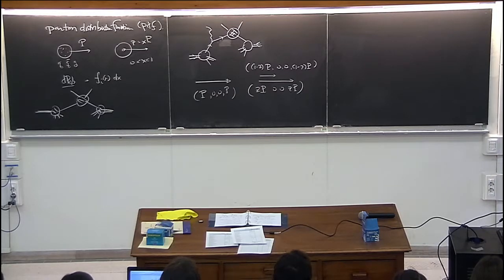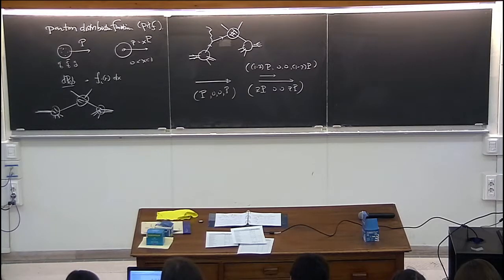P is equal to E, 0, 0, E, so I'll align it with the 3-axis. Q is going to carry away the momentum fraction 1 minus z, and it'll have some transverse momentum. So let's work in the 1-3 plane as I've been doing before.